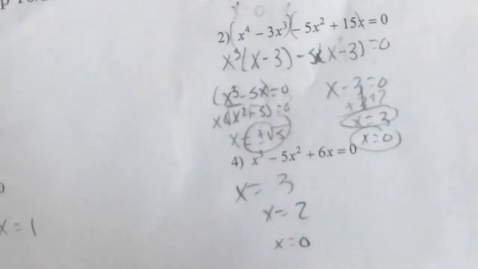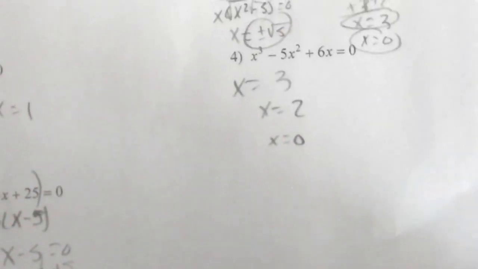You did it yesterday. Anybody else? Just put your paper up here. Start with number 4. Alright, he says 32 and 0.